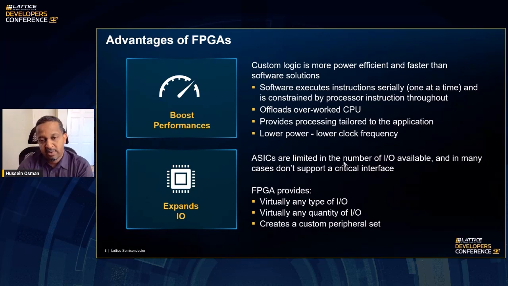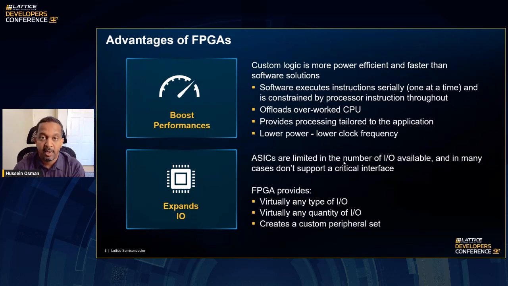Boost of performance. FPGAs can help boost performance, and you see that especially on heavier loads like video processing. Normally, if you do this on a CPU, you get a serial execution and a heavy workload on the CPU.